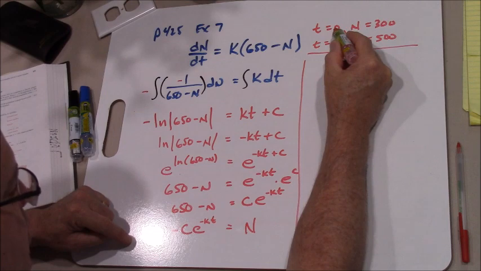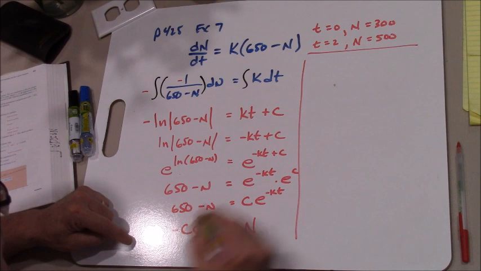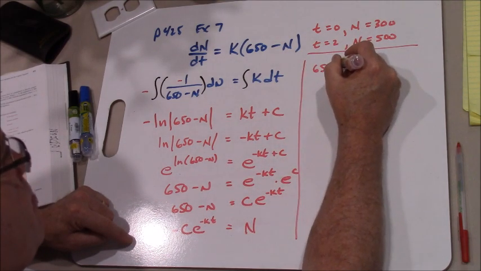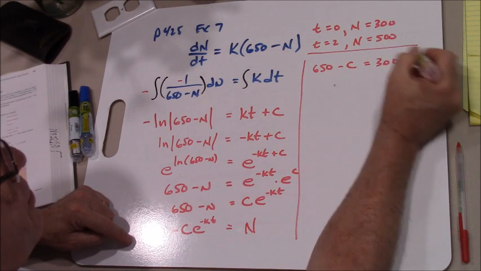So when t equals 0, if I put a 0 right here, I get an exponent of 0, which means e to the 0 is 1, so I just have c. So 650 minus c is equal to 300.